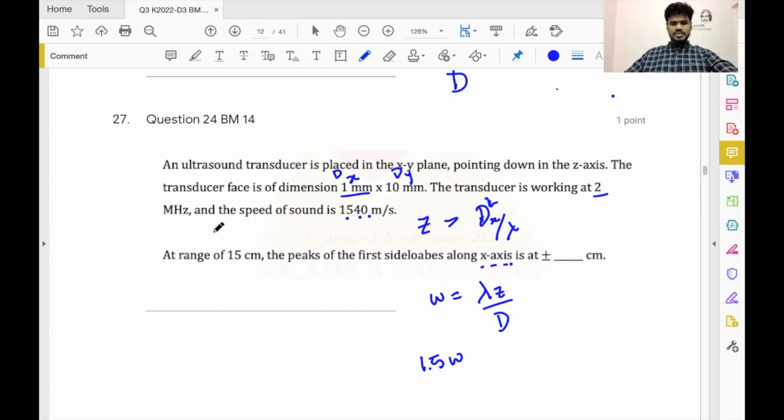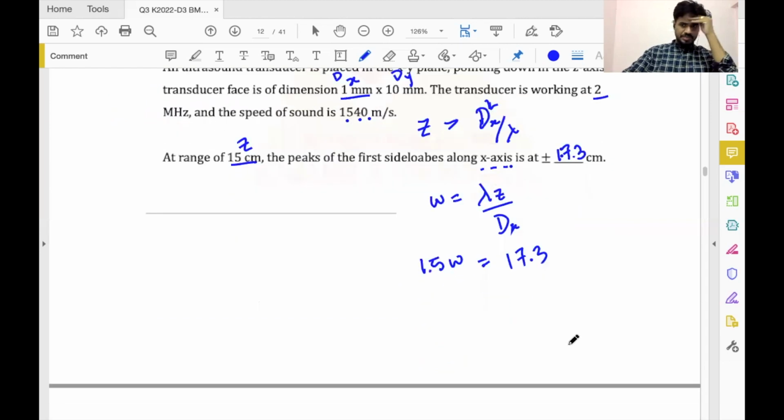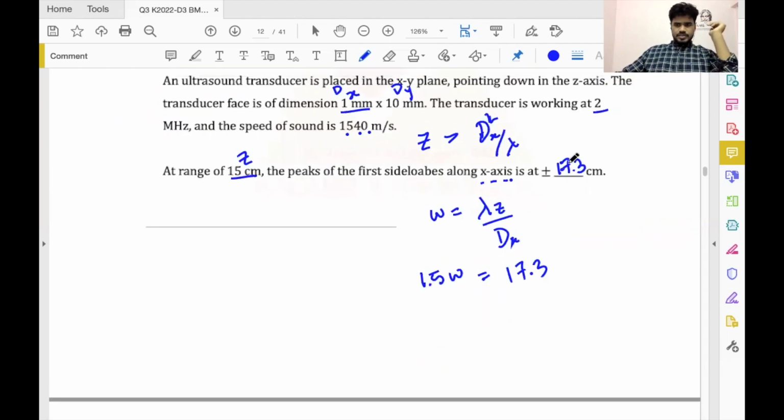And then this is Z, and we should be using dx. 1.5 times this should be, what do we have? 17.3. Yes, 17.3. And the side lobe occurs on either side, so plus or minus 17.3 centimeters. Great.